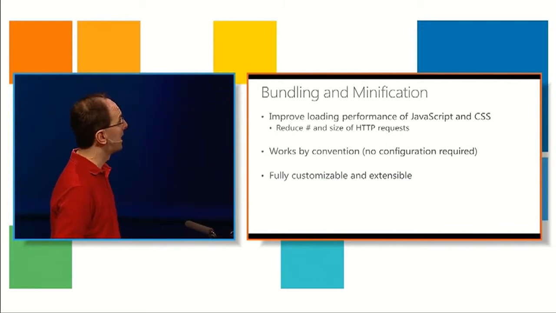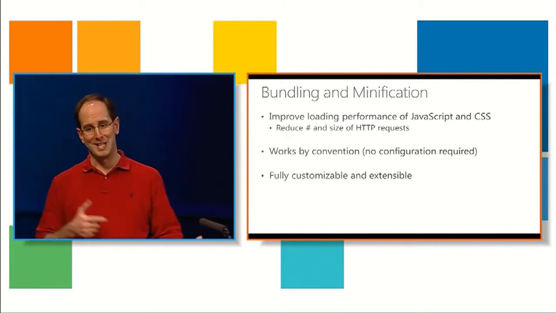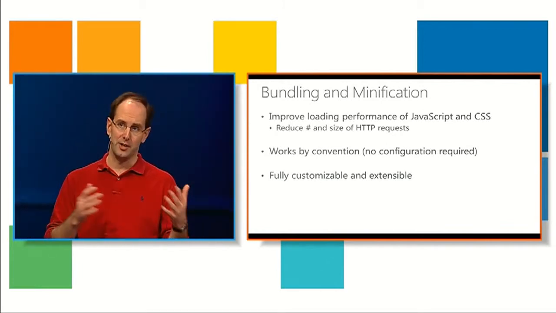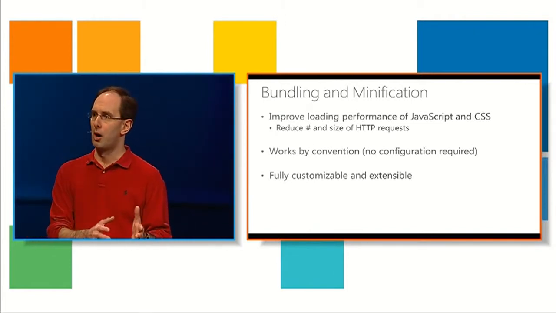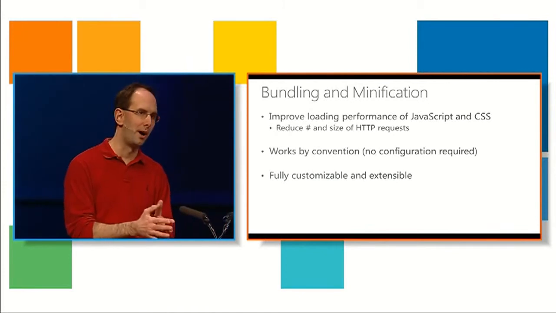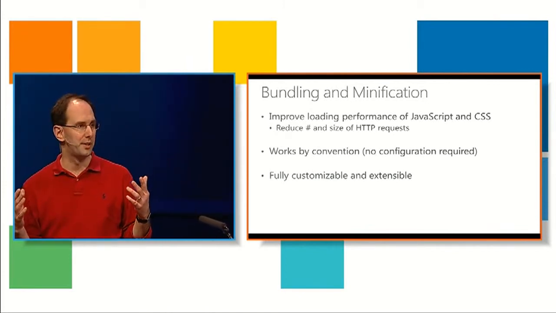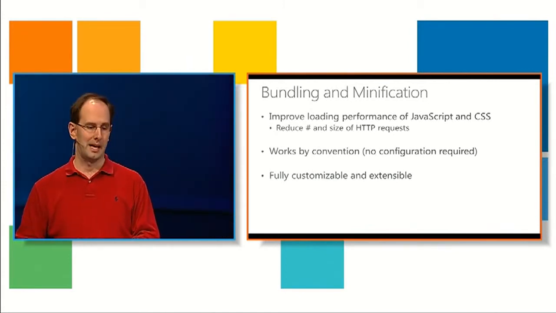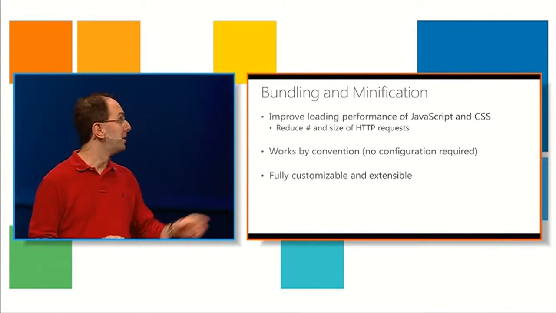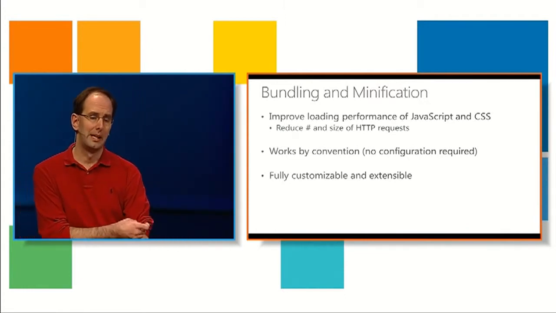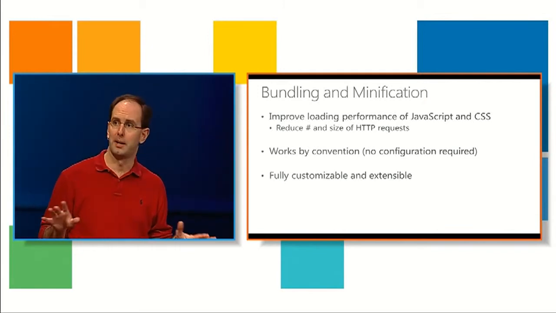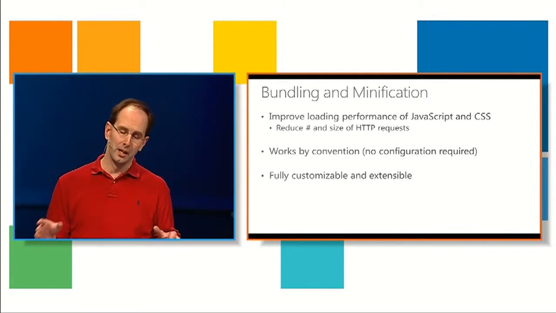Basically, the way it does this is by reducing the number and size of HTTP requests that you make within your application. By reducing the number of individual calls and by reducing the payload of each call, the page loads faster for the user, feels faster, and they're happier. And it works by convention, so there's no configuration required in order to enable it. You don't need to run a post-build step, which is what a lot of people do today.